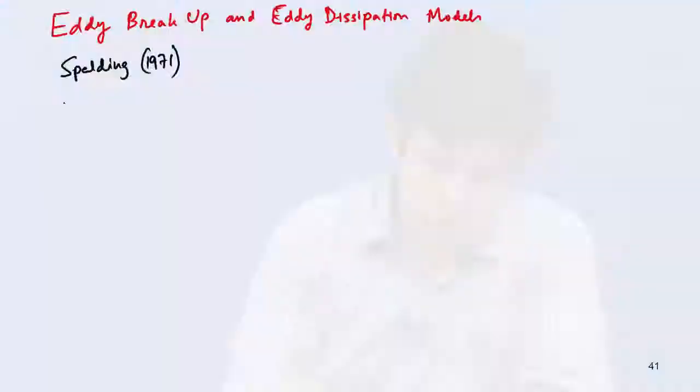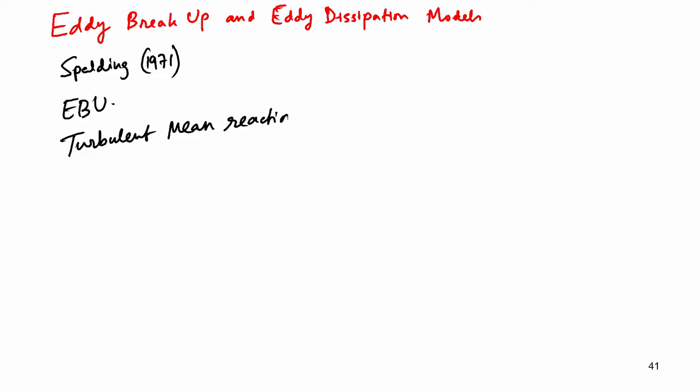So the Eddy Breakup model says that the turbulent mean reaction rate is governed by the mixing, as mixing is the rate determining process. Okay. That is, the mixing time scales are much larger than the reaction time scales, which can be considered as instantaneous or rather infinitely fast reactions, and essentially the whole process is governed by turbulent mixing.